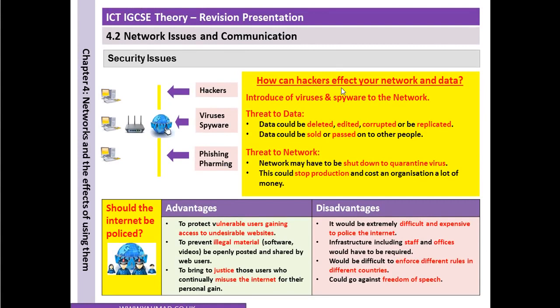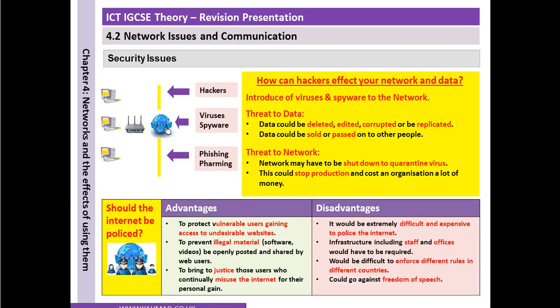So how can a hacker affect your network and data? A hacker could introduce a virus or spyware to the network. We'll be looking at these in a little more detail later on. The threat to the data: data could be deleted, edited, corrupted or replicated. Data could be sold or passed on to other people.